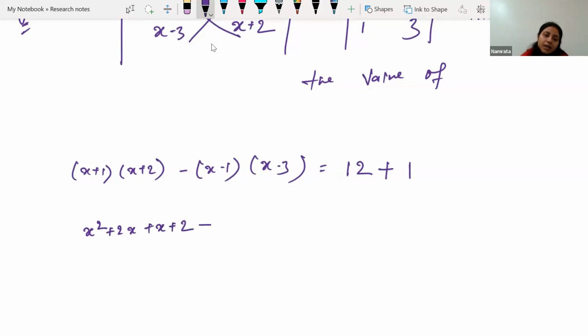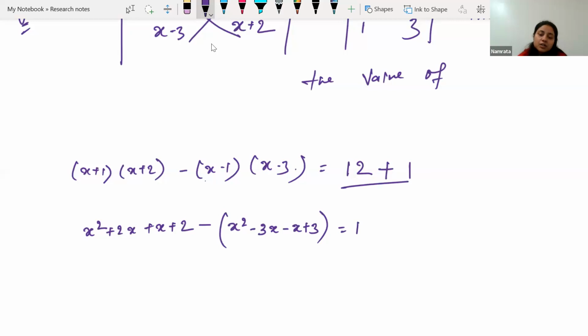Here we will have minus. Let me put the bracket first, because once we open the bracket, due to this negative sign outside, each and every sign will reverse. That's why I'm keeping every term in brackets at first. So it will be x square minus 3x minus x plus 3.